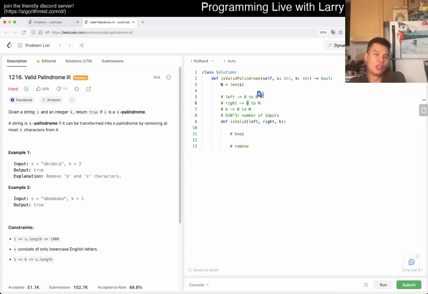Because ideally, we do want to get it down to n squared in some way, right? And the question is, can we get rid of one of these dimensions?